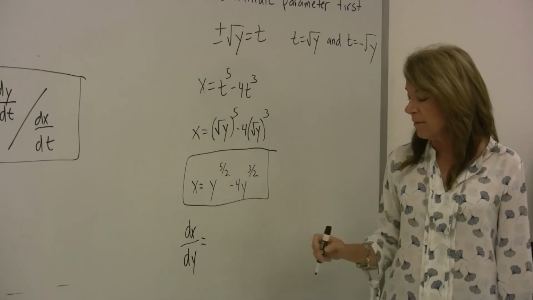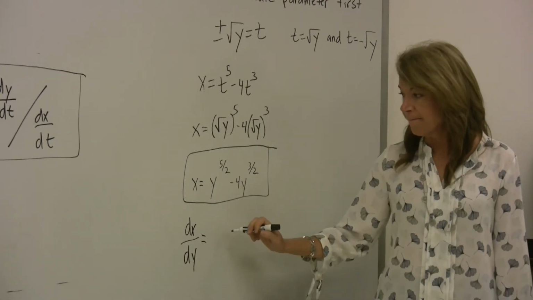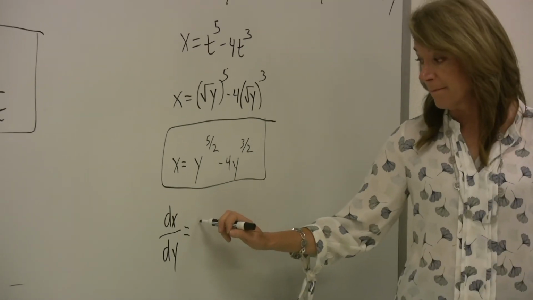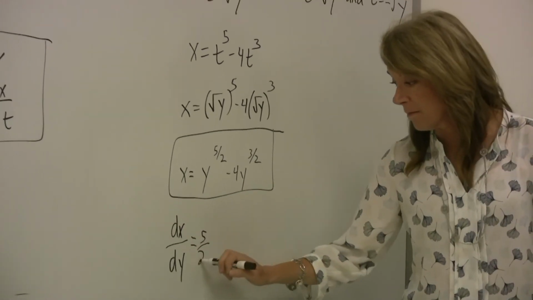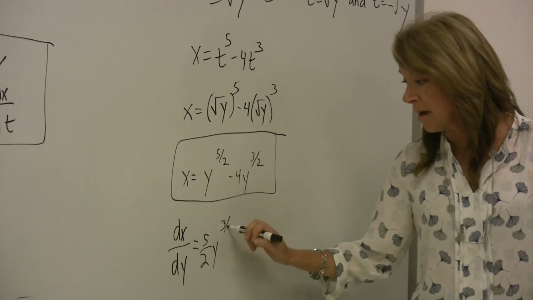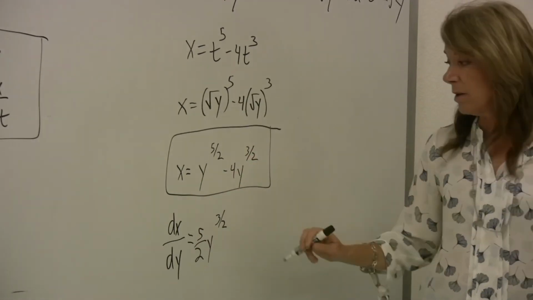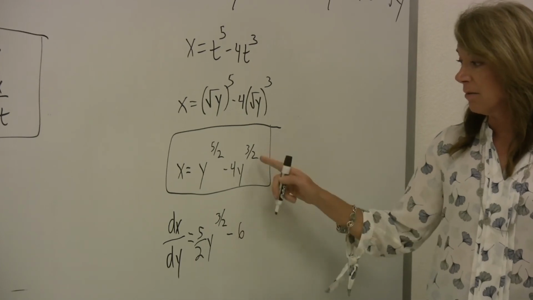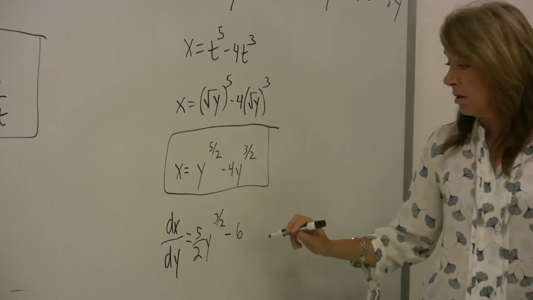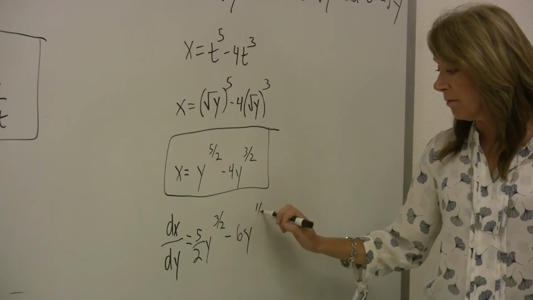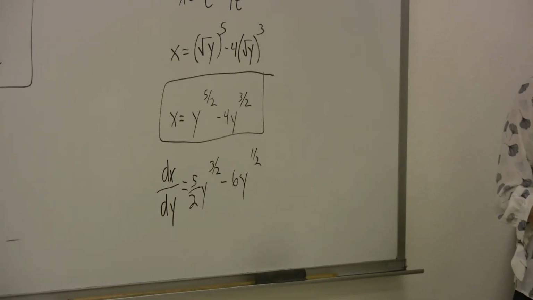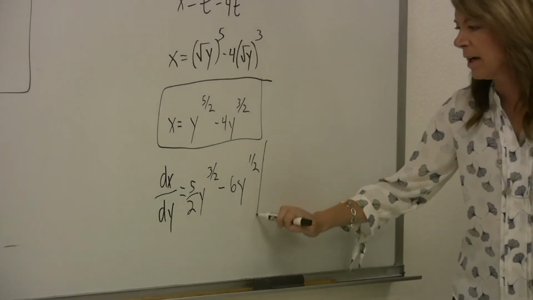What's the derivative over here? 5/2 times y to the 3/2, just bringing down, using the power rule, bring it down, subtract 1, minus 6, that's 3/2 times 4, y to the 1/2. And I'm evaluating it where? At what value?